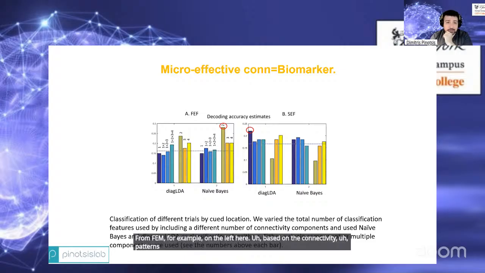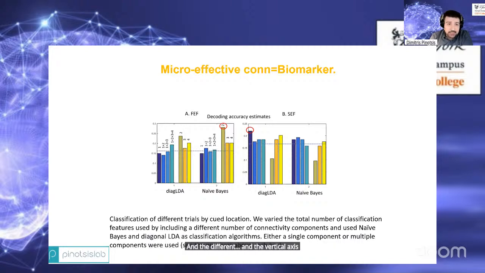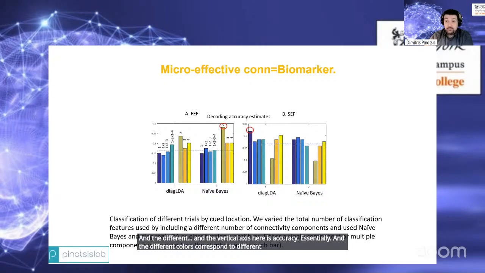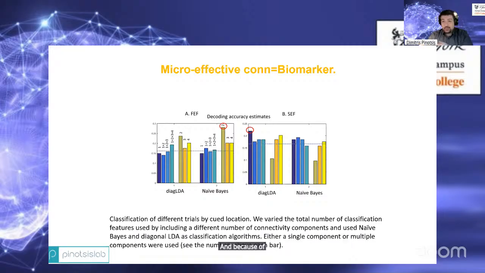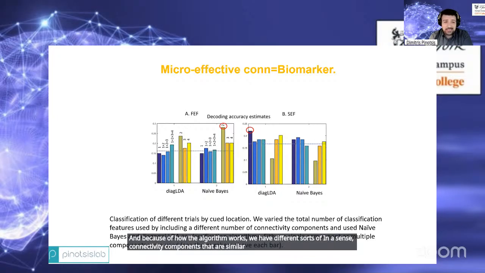What you see on this plot is the output of different classification algorithms, diagonal LDA or naive Bayes. The vertical axis here is accuracy, essentially. The different colors correspond to different basic connectivity patterns. Because of how the algorithm works, we have different sorts of connectivity components that are similar to PCA components, if you will.